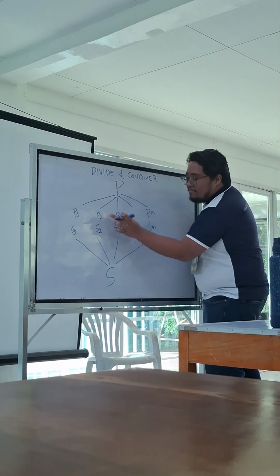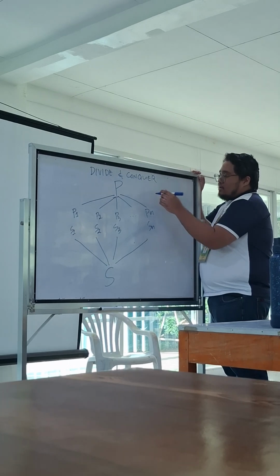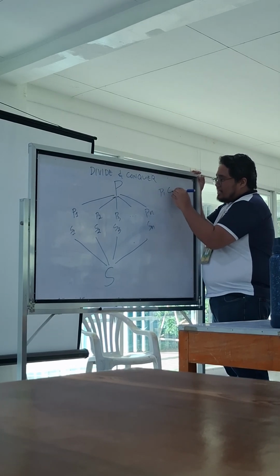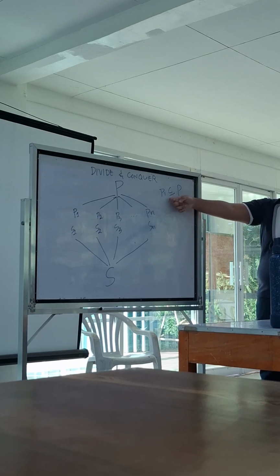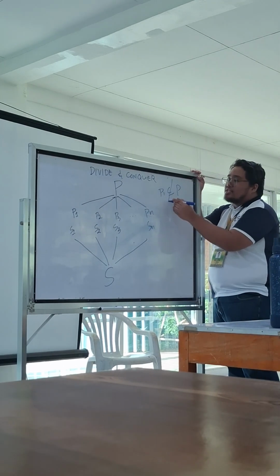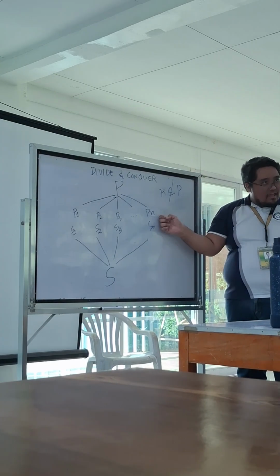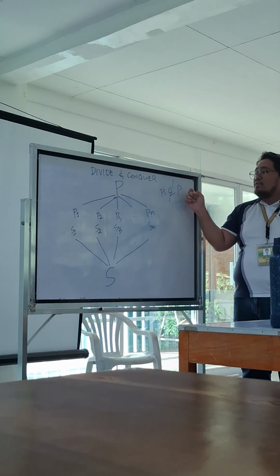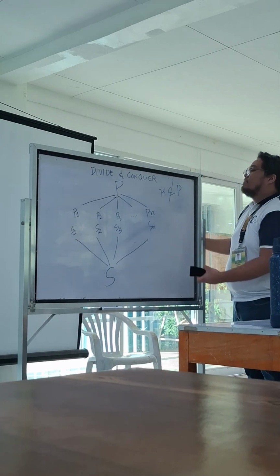All of these sub-problems must be, let's say, P1 must be a subset of P. It must not be a different element or a different set from your P. Otherwise, if this cannot be reached, then you cannot use divide and conquer. Okay? Every sub-problem must be a subset of the bigger problem, or the main problem.